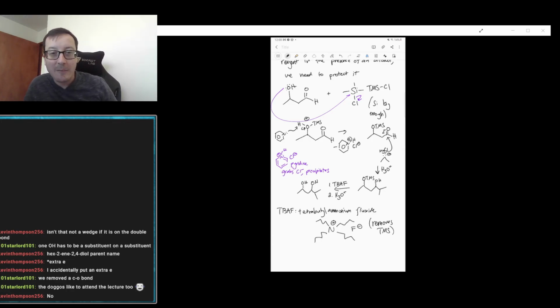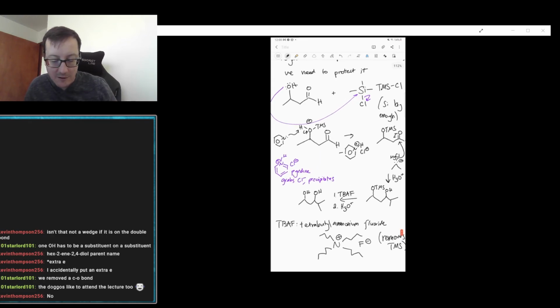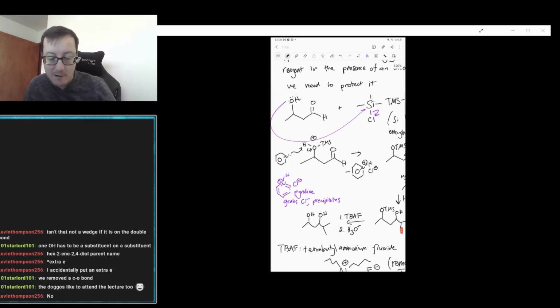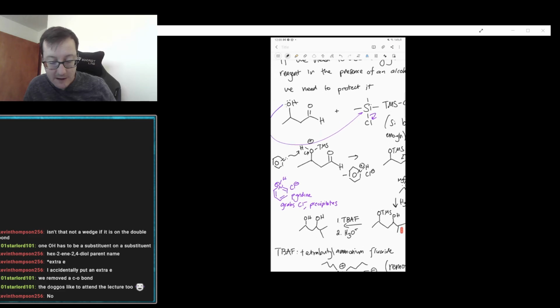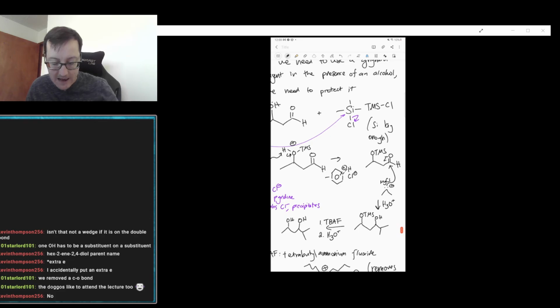So because we cannot do a Grignard in the presence of an alcohol, we had to protect it. We protect it with TMS chloride, trimethylsilyl chloride. The silicon is big enough for the SN2 to happen, so we end up with this protonated OTMS. Pyridine can take off our hydrogen and then get the chloride out of the situation.